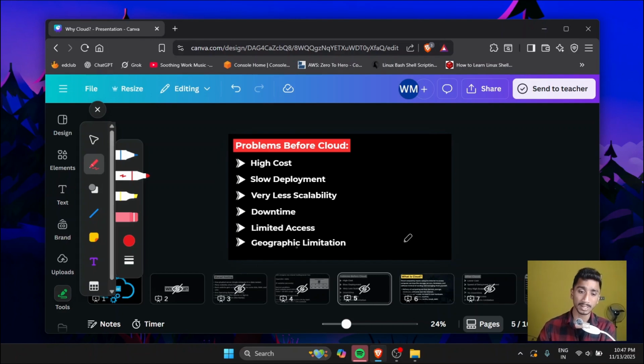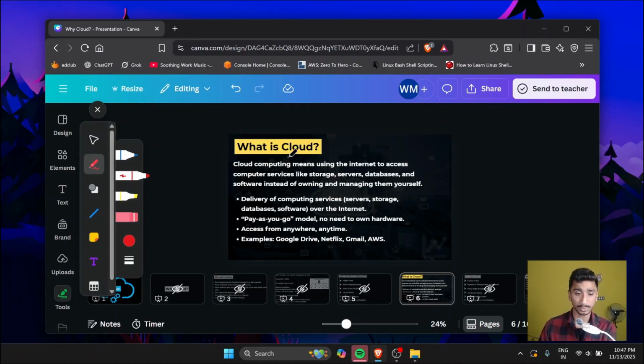Geographical limitations: if a person is sitting at a very large distance from that particular server, they will face slow performance because of geographical limitations. So now we come to, what is cloud?